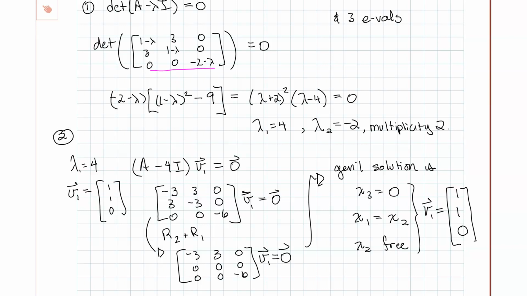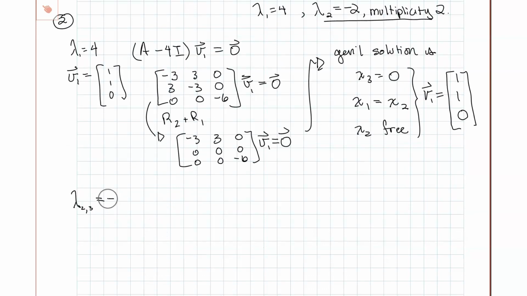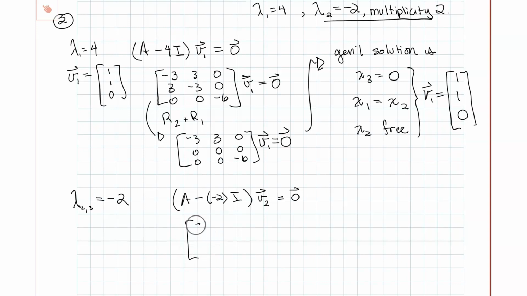So now moving on and working with our other eigenvalue, which is negative 2 and has multiplicity 2. So I'm writing here that lambda 2 and lambda 3 are both negative 2. And now we've got to see what we're going to get. If I compute now A minus negative 2I times v2 or v3 equals 0, the matrix I'm going to get is 3, 3, 0, 3, 3, 0, and 0, 0, 0.